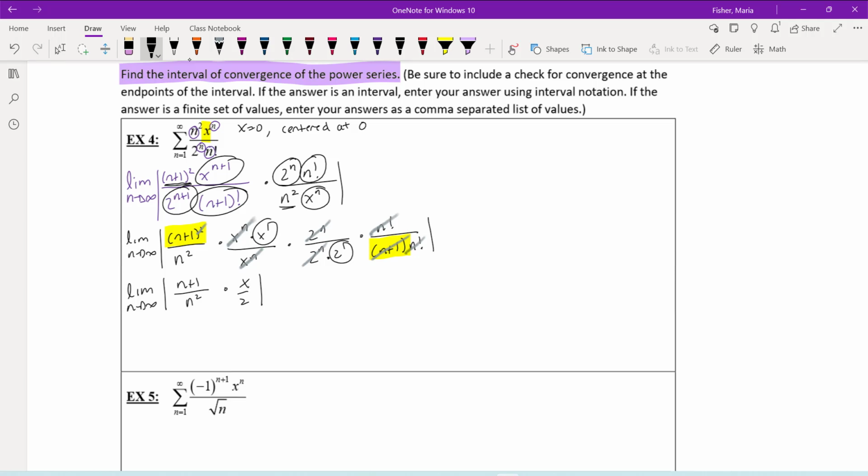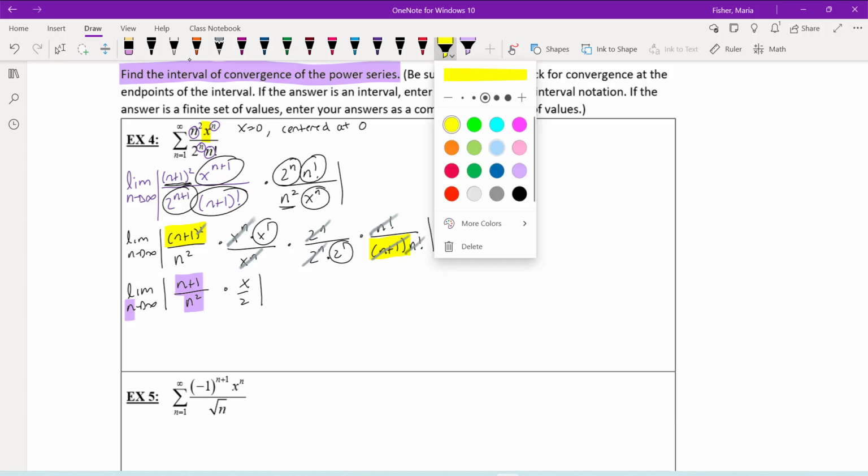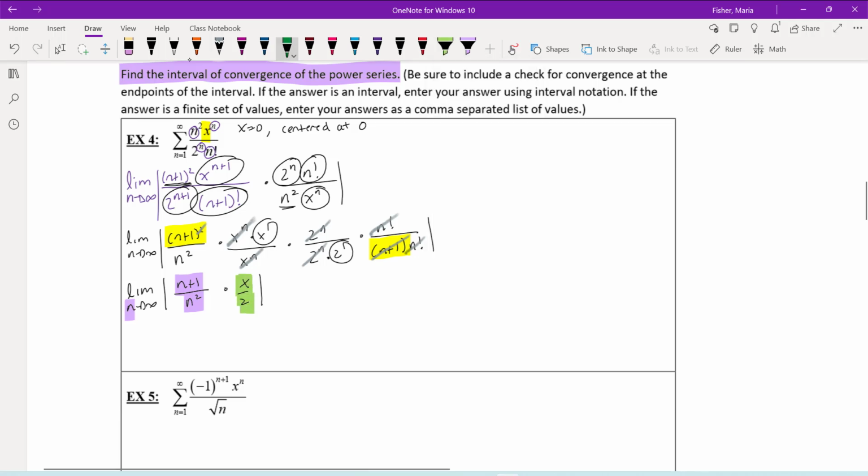Now let's find the limit as n goes to infinity of n plus 1 over n squared times x over 2. Well, the first thing is that we're taking the limit as n goes to infinity, so the only things I can consider are things with n's. Everything else is just a constant multiplier. So I need to find out, when n goes to infinity, what happens to n plus 1 over n squared? Since that's infinity over infinity, but it's a rational function, I can just look at those leading terms and reduce.